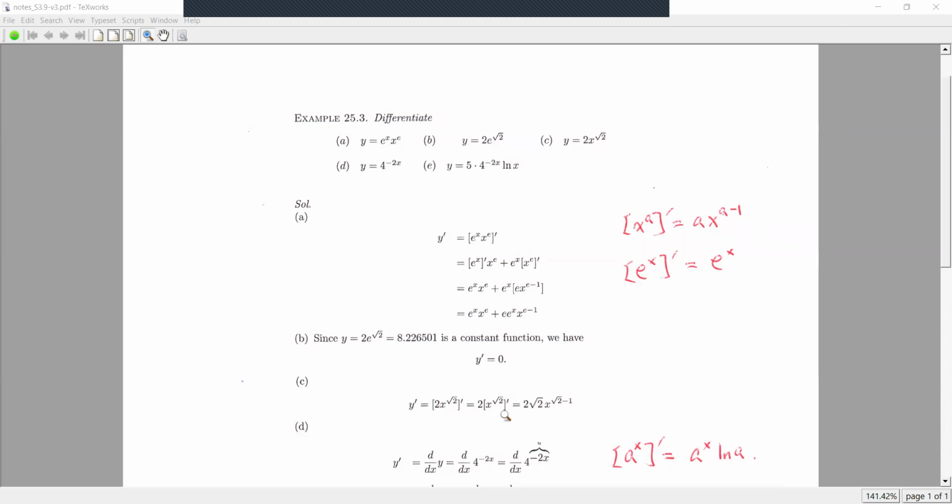Now, the derivative of x to the square root of 2, by the formula for power functions, is the power, square root of 2, times x to the power square root of 2 minus 1. This is the result to part C.